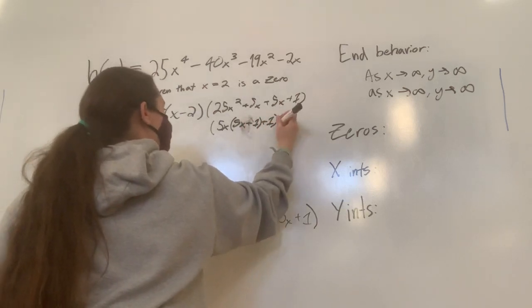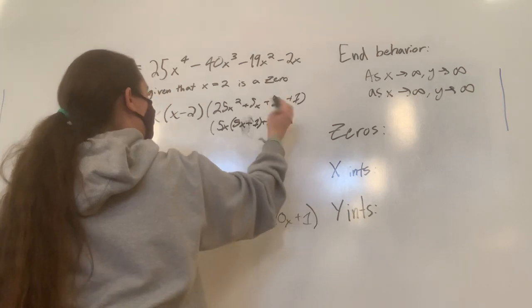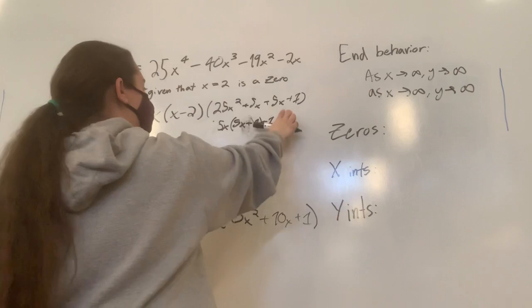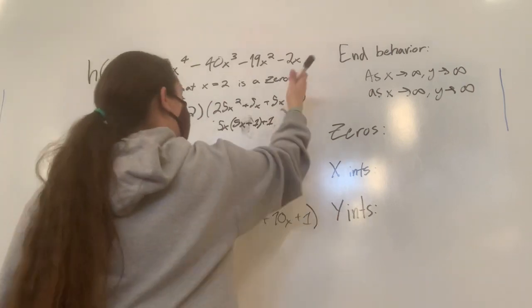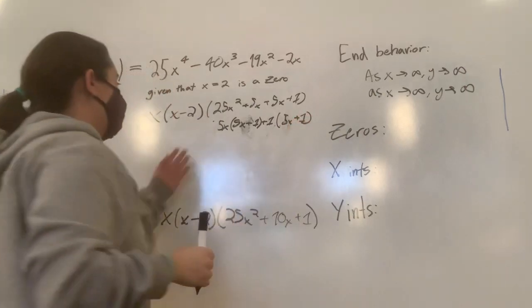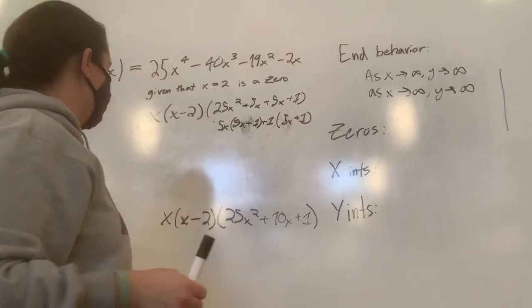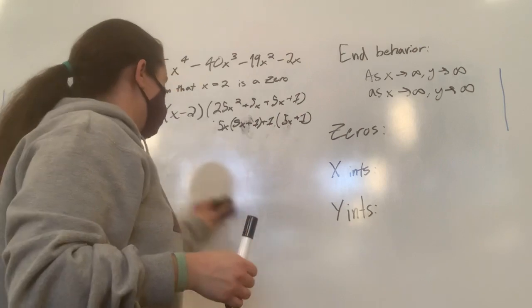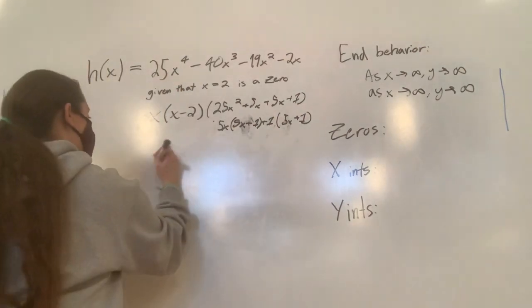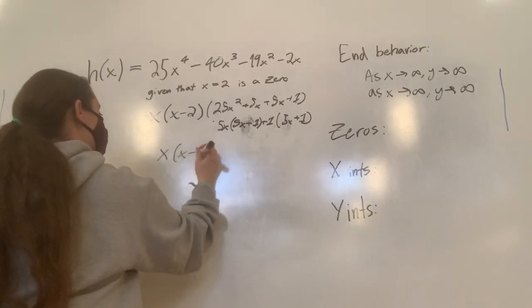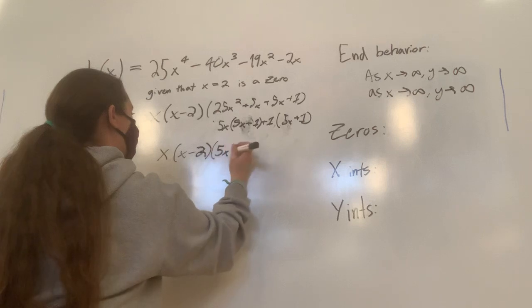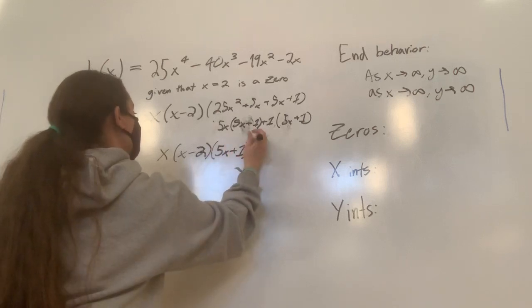Then we're going to take the 1 out of this because we already got it here, giving us our grand final factored form of x times x minus 2 times 5x plus 1 squared.